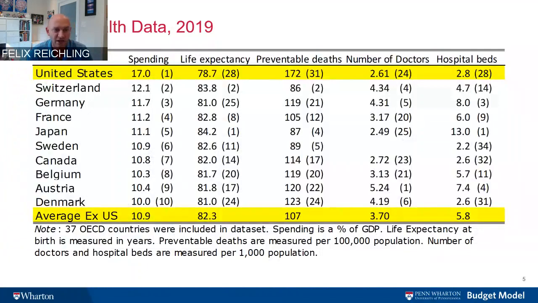For example, while the spending in the United States as a share of GDP in 2019 was roughly 55% higher than the average for the next 9 highest spending countries, life expectancy was 3.5 years lower. Preventable deaths were 60% higher. We had roughly 30% fewer doctors than other countries, and 50% fewer hospital beds.